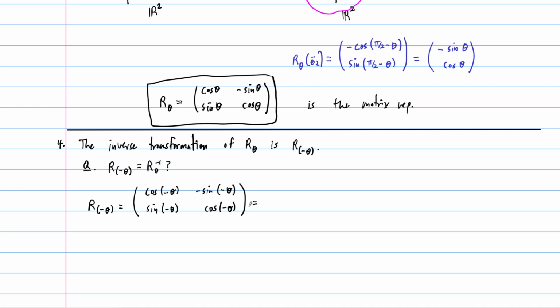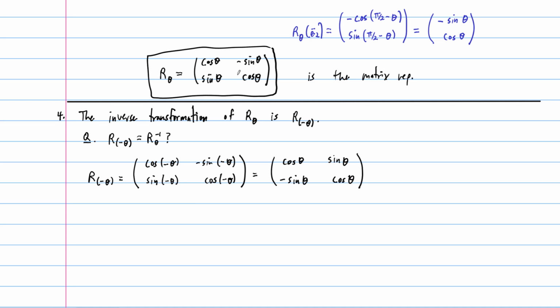All right, and then we remember that cosine is an even function, right? So even functions eat their minus signs. So this is just cosine of theta. And sine is an odd function, right? So the minus sign comes out. So this one's going to be minus sine theta down here, and minus minus, so positive sine theta up here.